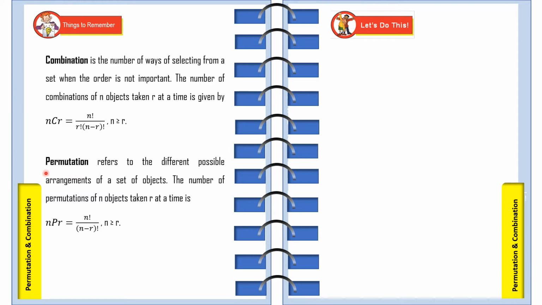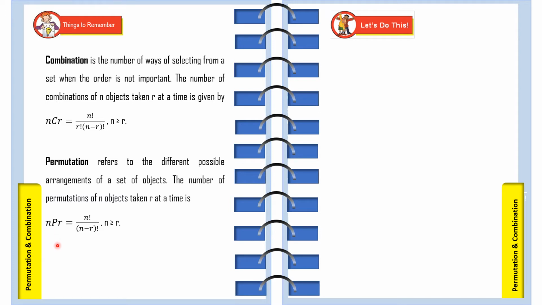And then next, balikan natin what is a permutation. It refers to the different possible arrangements of a set of objects. So here, arrangement of objects, it's opposite of this. In permutation, order is very important. And the number of permutations of n objects taken r at a time is, ito yung ating magiging formula, nPr.